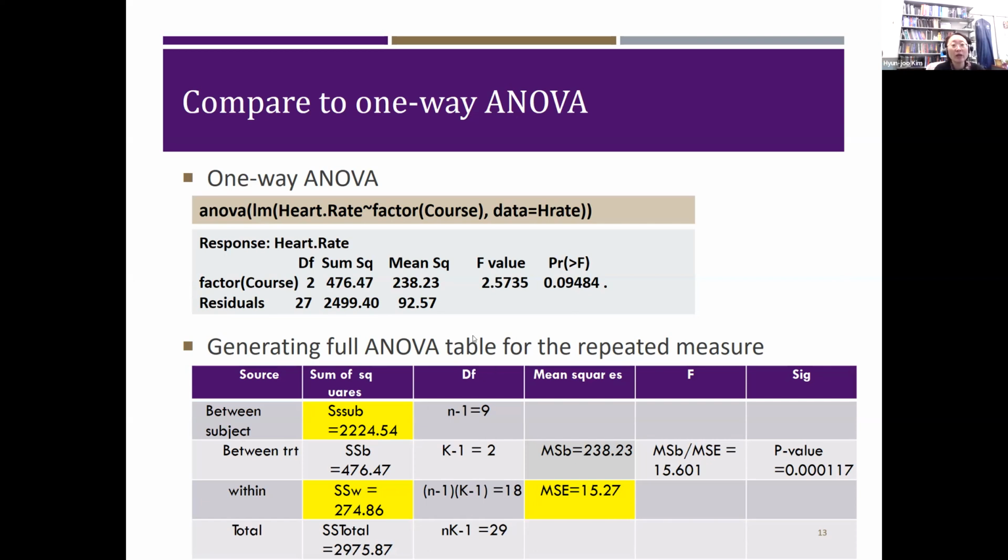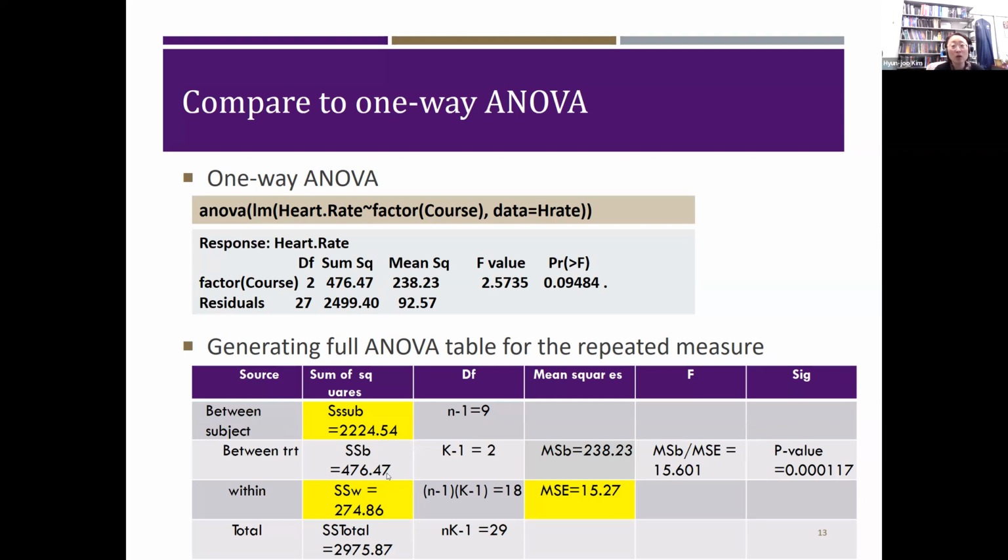From the one-way ANOVA at the top, we know that SSB is the same in the repeated measure for the factors. Thus SSB, which is 476.47, will stay exactly the same, so I just copied this number to the bottom table.